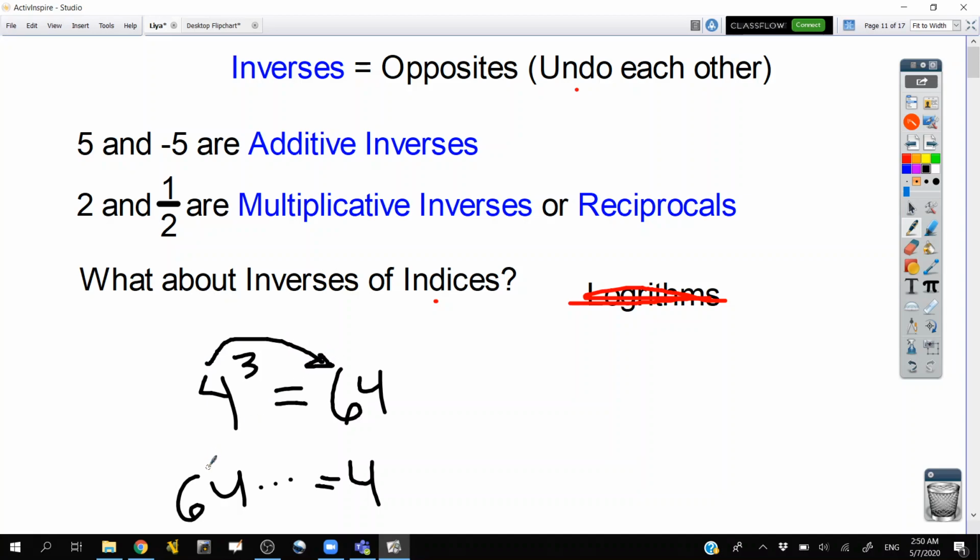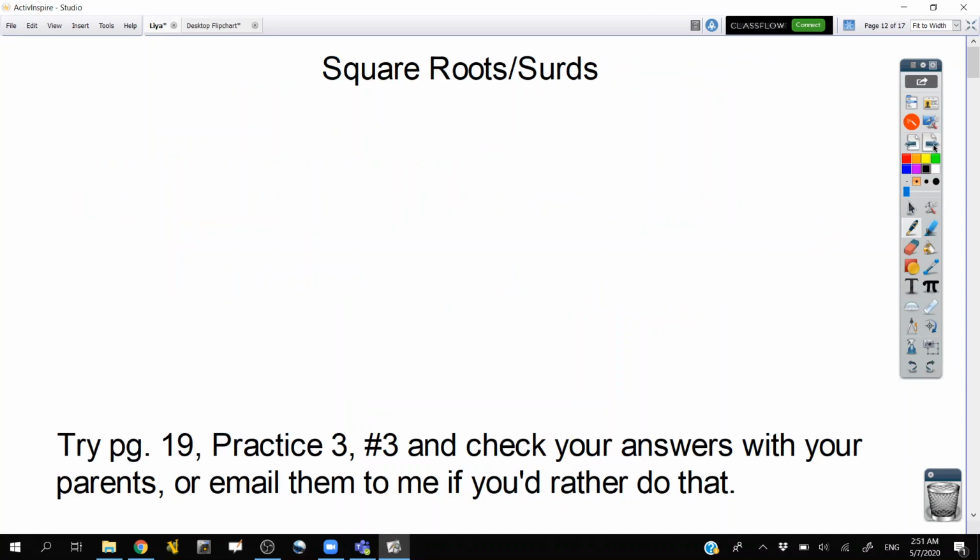If we had stuff here, we'd be starting at 64, undoing the things and getting back to 4. Here's the way it looks. What we call those, the inverse in this case, are surds. So surds are, again, this is a very British, or also I'll say UK, they call things surds. In America, we call things square roots. They're the same thing. So they're both just words you need to know.